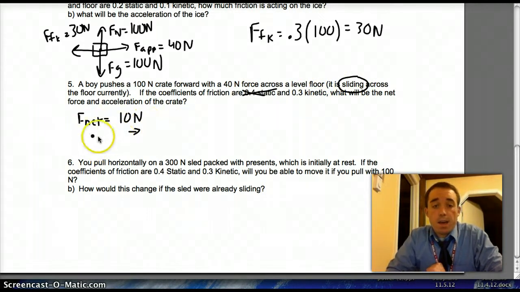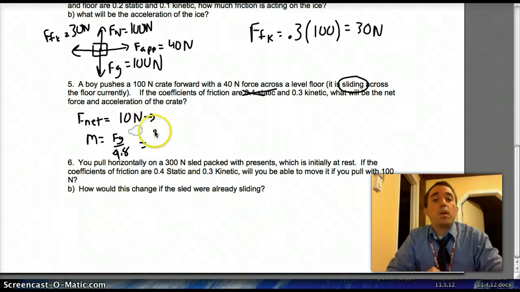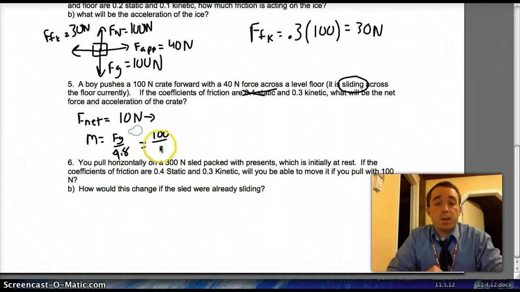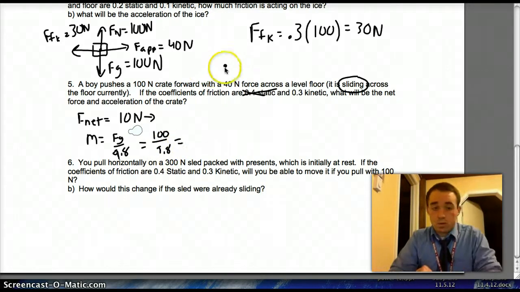I have to figure out what my mass is. Mass is weight over 9.8. So my weight is 100. 100 over 9.8 gives you 10.20 kilograms.